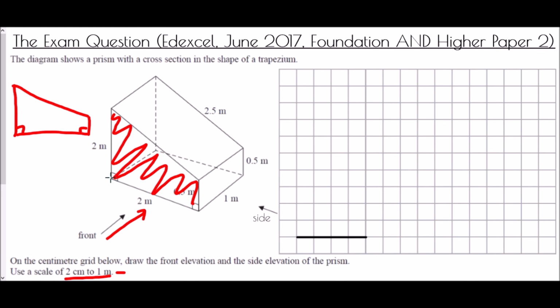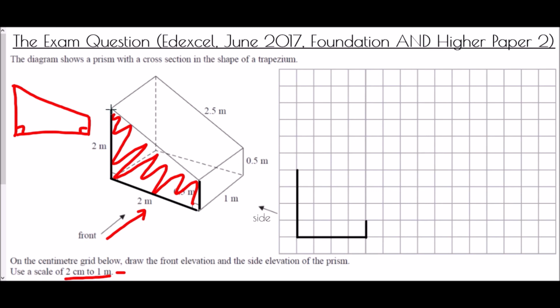It is also 2 meters high, and therefore I'm going to draw exactly the same thing going upwards. 1, 2, 3, 4. Then this length is half of a meter, and therefore if 2 centimeters is 1 meter, how do I get half of a meter? Well, half of a meter would just be 1 square.